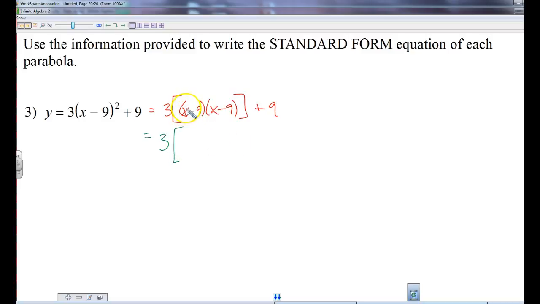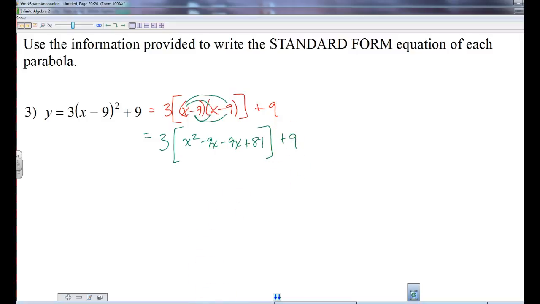Inside here, x times x, x squared. X times negative 9, negative 9x. Negative 9 times x, negative 9x. And negative 9 times negative 9 is positive 81, all plus 9.